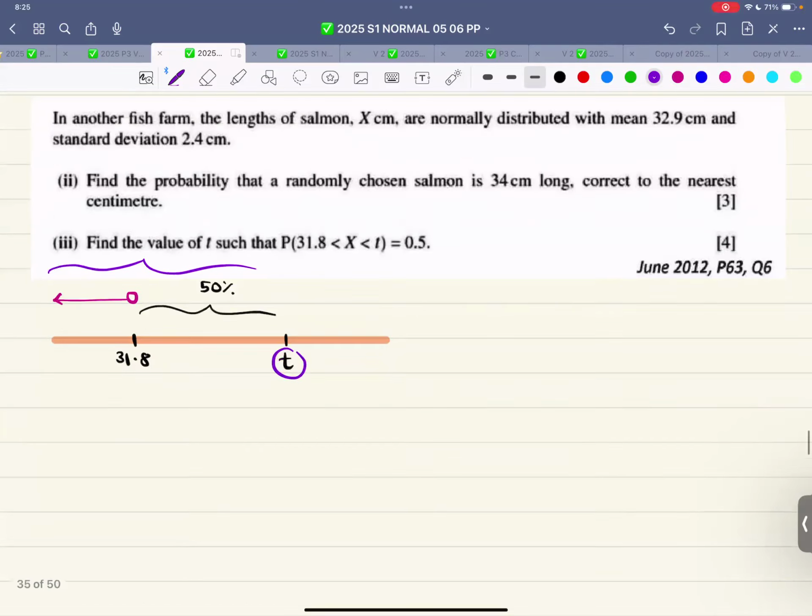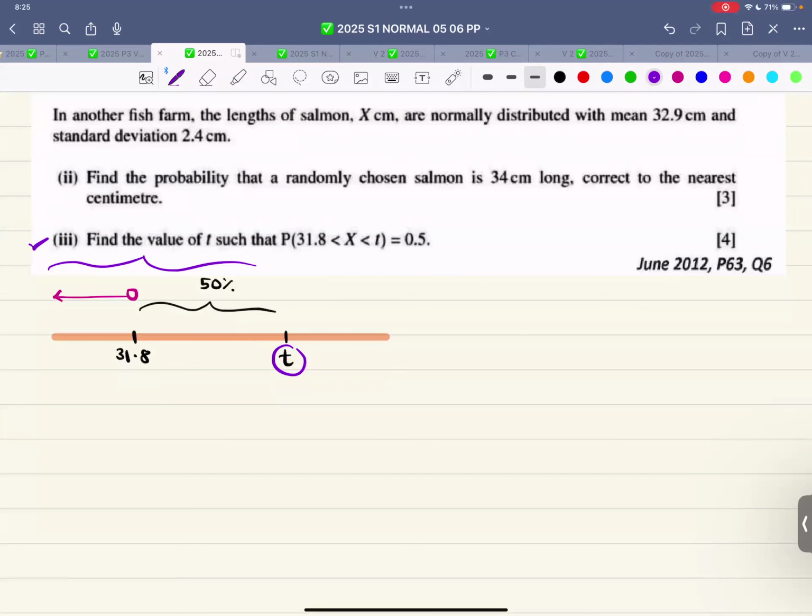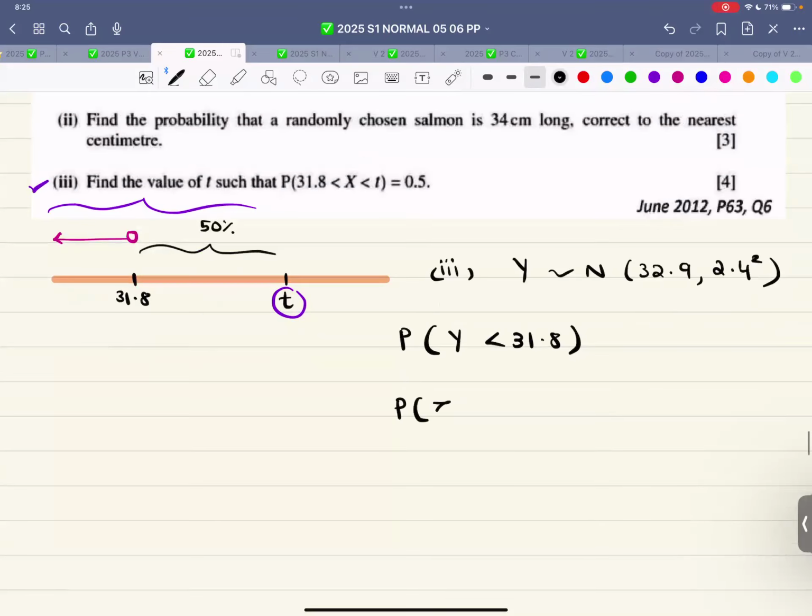Okay. So now first thing first, part 3. Write this down. Y follows a normal distribution 32.9, 2.4 squared. Probability Y is lesser than 31.8. Probability Z is lesser than 31.8 minus 32.9 divided by 2.4.